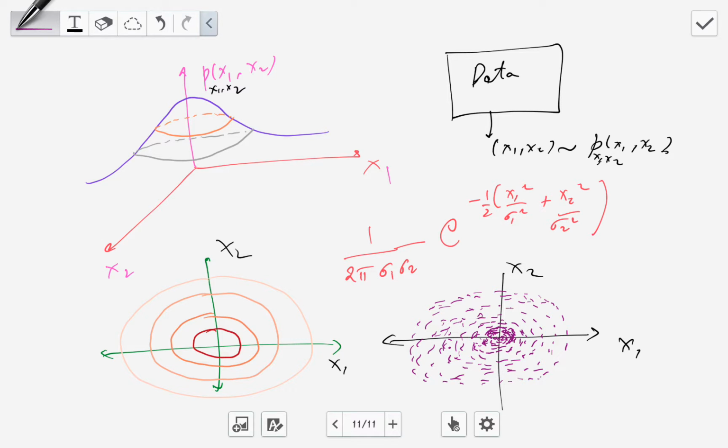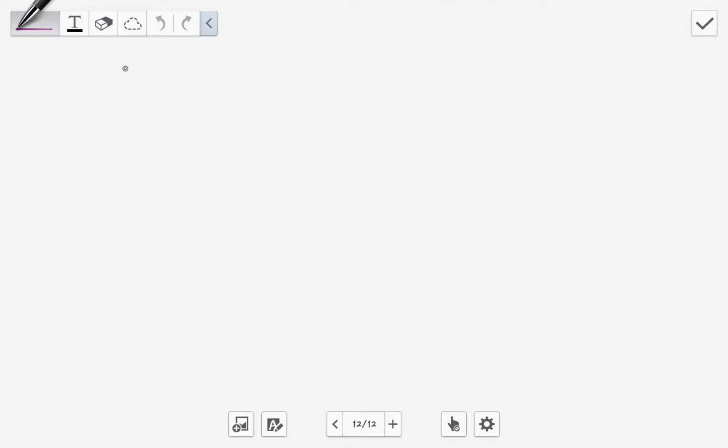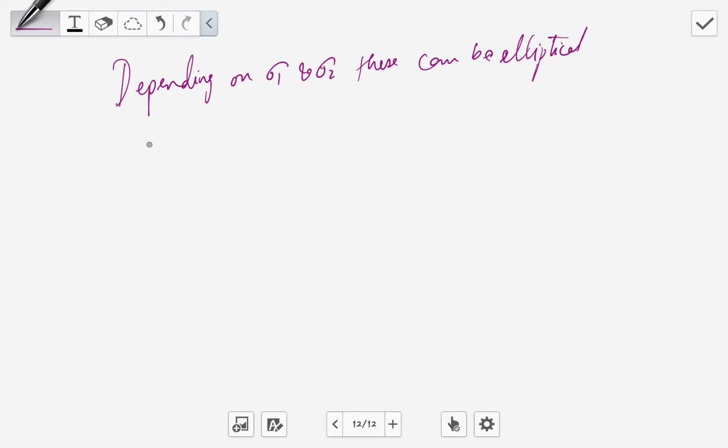Now these could be very elliptical. I have drawn not that elliptical. These could also be very elliptical depending on sigma 1 and sigma 2. Depending on sigma 1 and sigma 2, these can be elliptical to a very large extent.